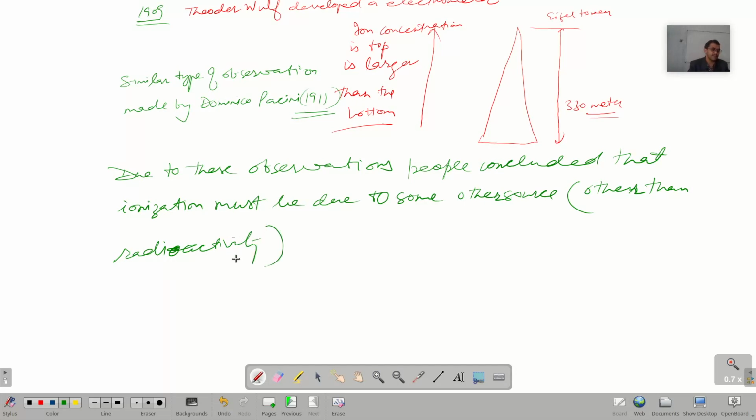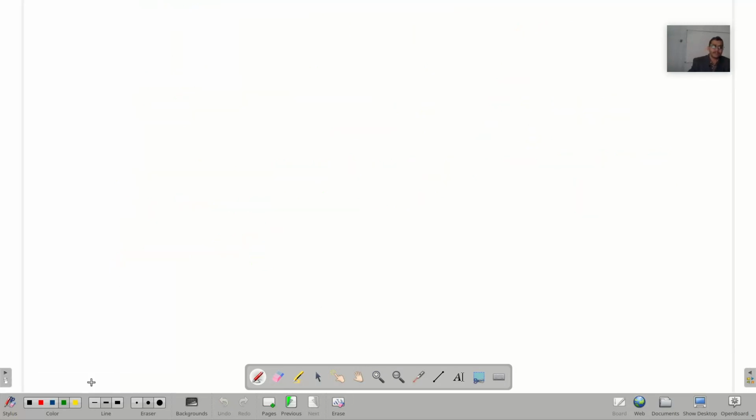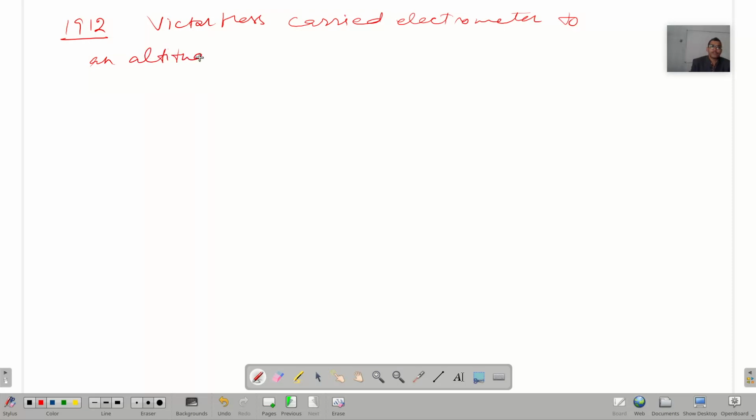Then in 1912, Victor Hess carried an electrometer in a balloon to an altitude of 5300 meters, roughly 5 kilometers above the ground.